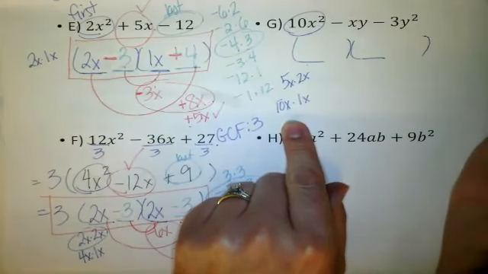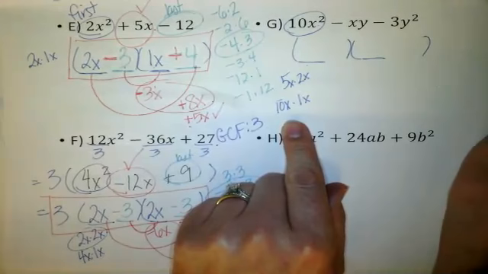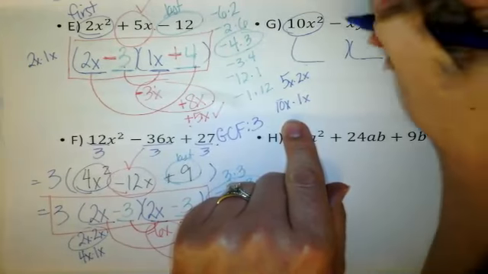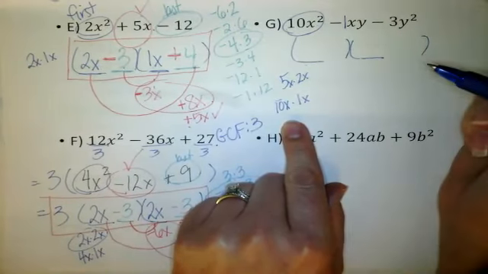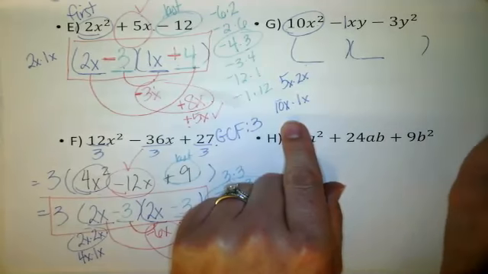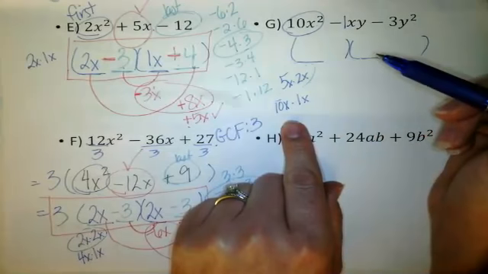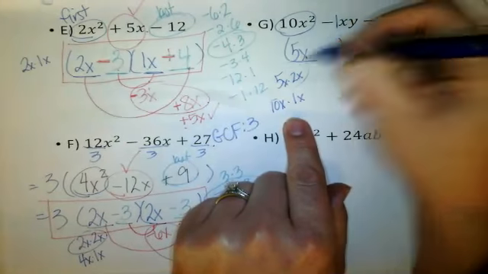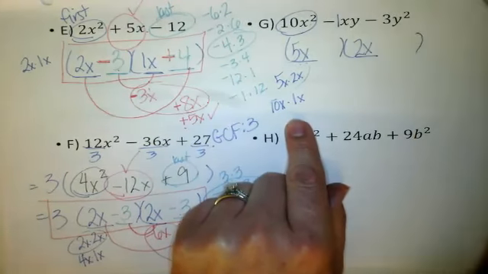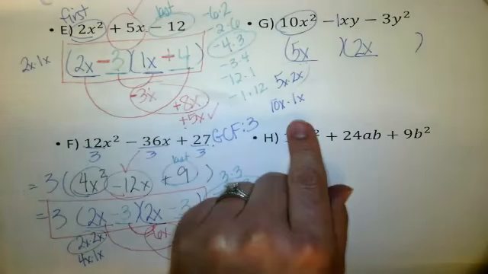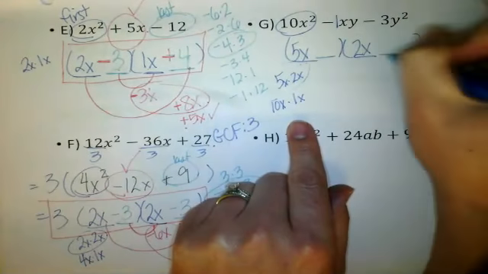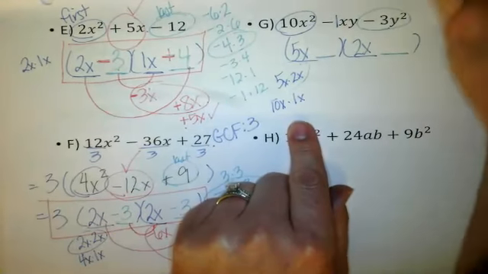Which one do you want to try? I'll give you a hint. Our result is trying to be a negative 1. It's a pretty small number, right? So since I need a small number, I probably want to use smaller numbers. Okay, so 5x times 2x is what I'm going to try. And now let's look. Last times last has to be my negative 3y squared.